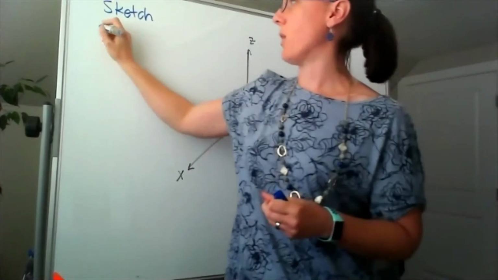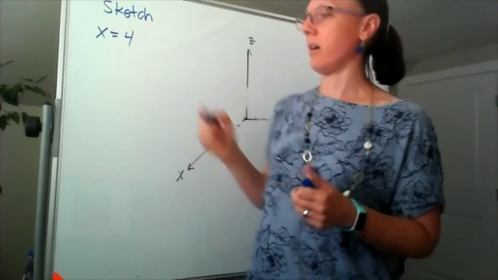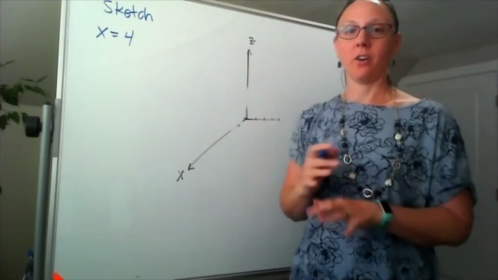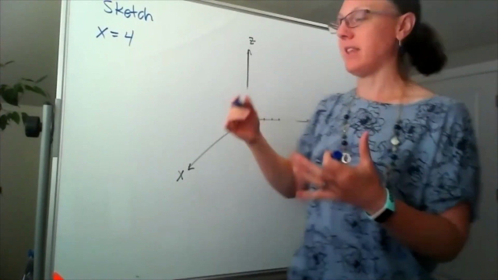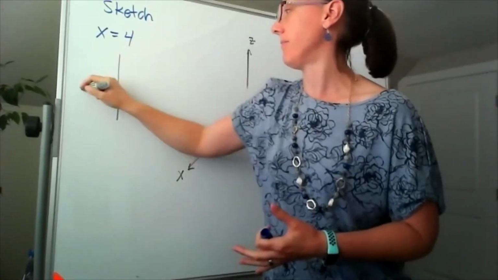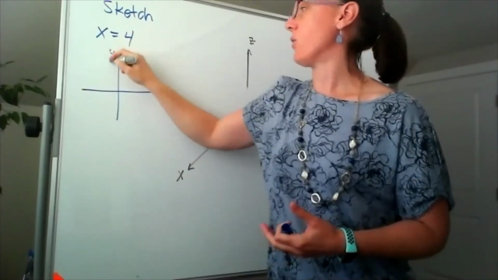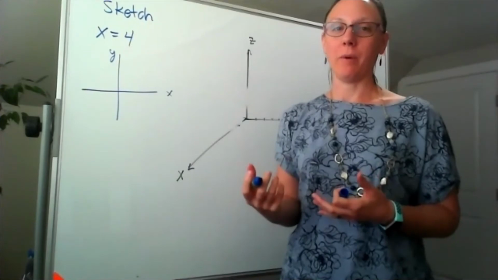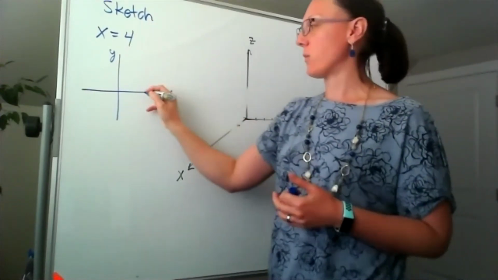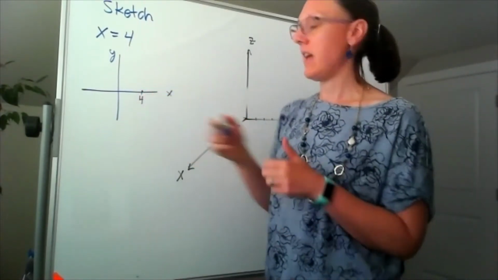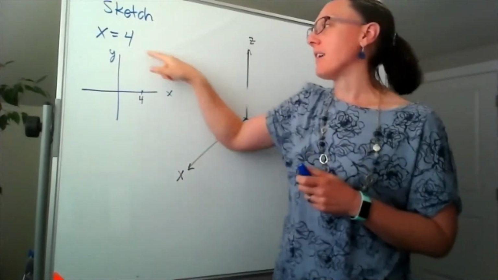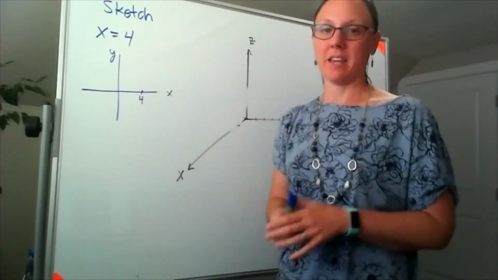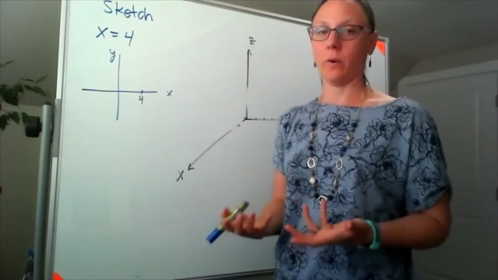So let's say that I wanted to sketch x equals 4. Well, if I were sketching x equals 4 normally in the xy plane, I know this isn't usually how we would do it, but one way to think about this is to find x equals 4 and then say, because this was in the xy plane, I expected to see both x's and y's in the equation.